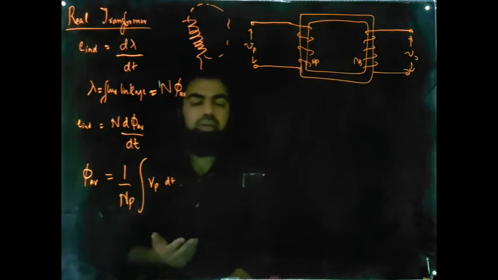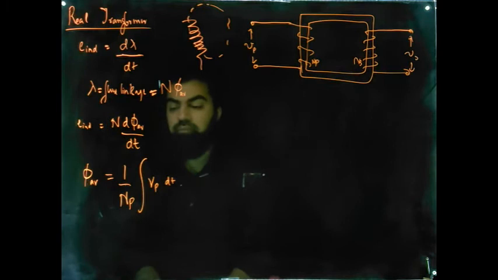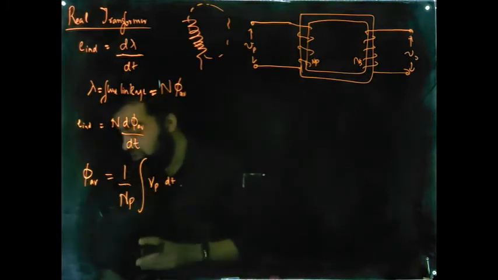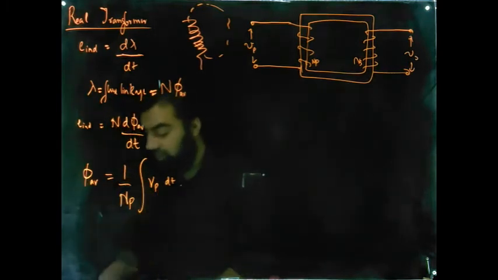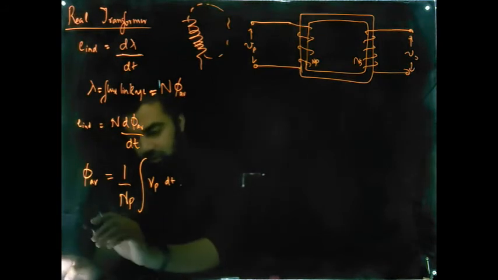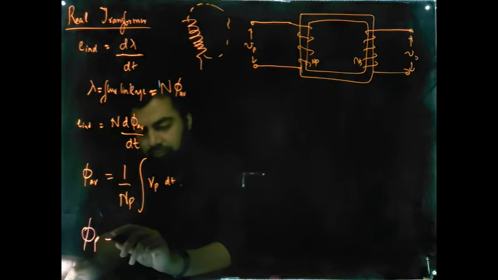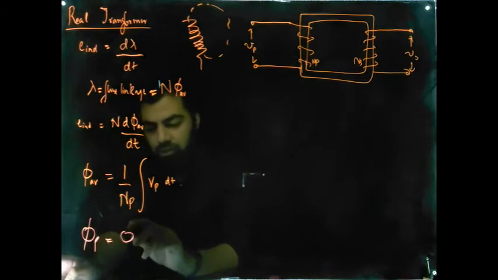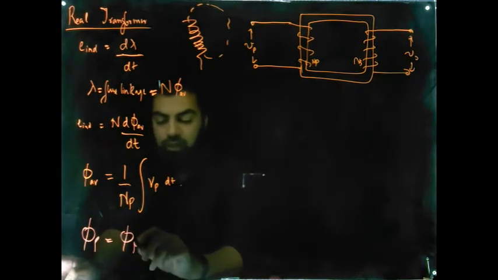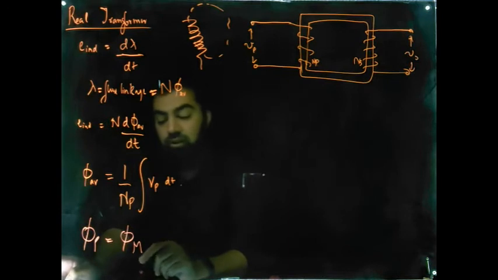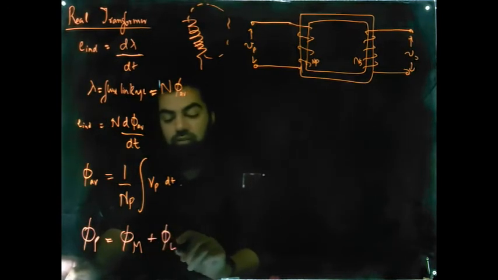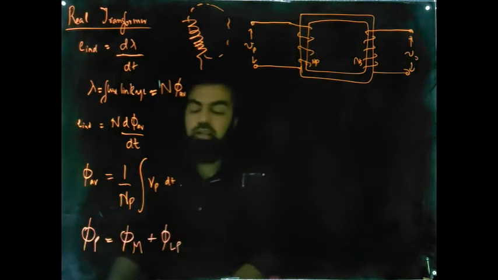Some of the flux will be lost in the air, and therefore if phi average is equal to 1 by Np integral of Vp dt, we can say the primary flux will be consisting of two components. One, the mutual flux, and secondly, the leakage flux.